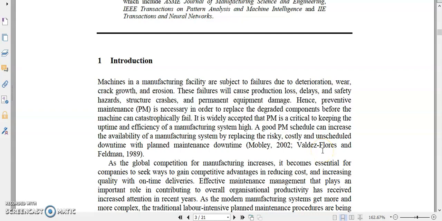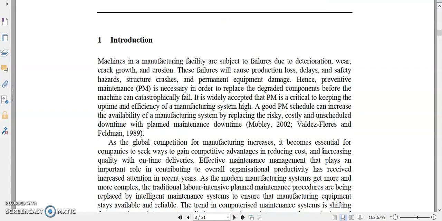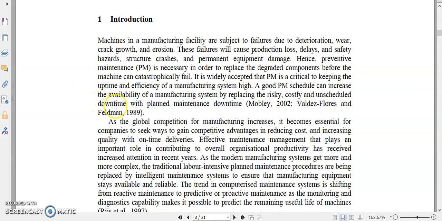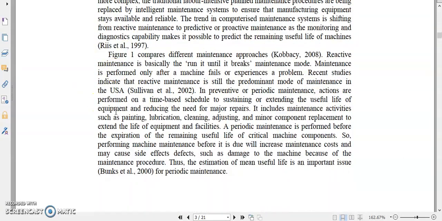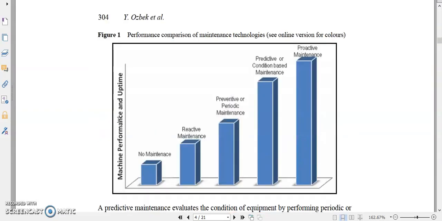Okay, as in many other journal papers, this paper starts with an introduction, and the introduction talks about the growth of the maintenance issues.